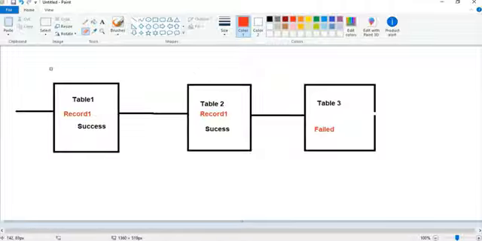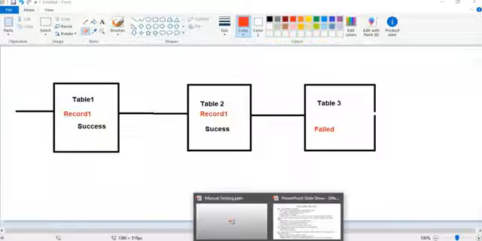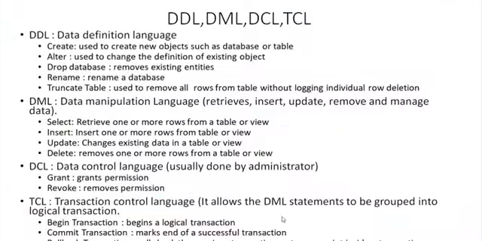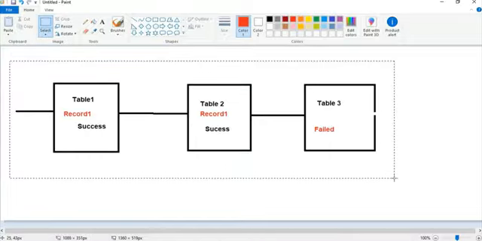So instead of inserting separately, we add all these commands into a group. That is nothing but transaction control language, which allows DML statements to be grouped into a logical transaction. Only when we insert a record into all 3 tables successfully do we consider the transaction successful, else it is unsuccessful.